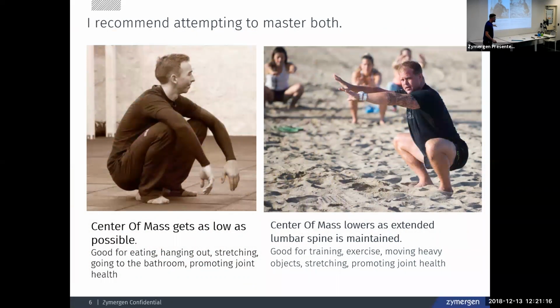This one is really good for eating and hanging out and going to the bathroom, and this one is really good for moving heavy objects. They're both really excellent because they put your joints near the end range of motion.